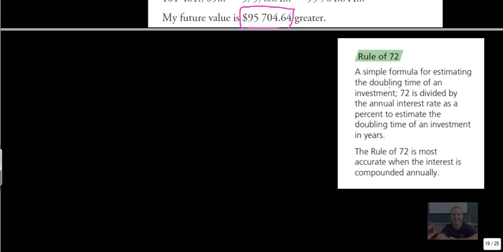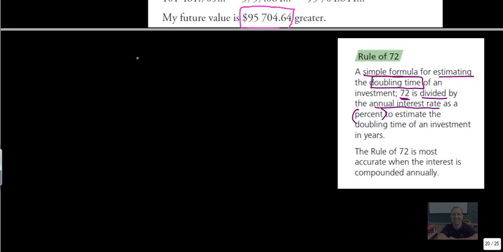That's what this rule of 72 is. So once again here, it is a simple formula for estimating the doubling time of an investment. And how is it done? 72 is divided by the annual interest rate, as a percent, not the decimal, but the percent. And that estimates the doubling time of an investment in years.